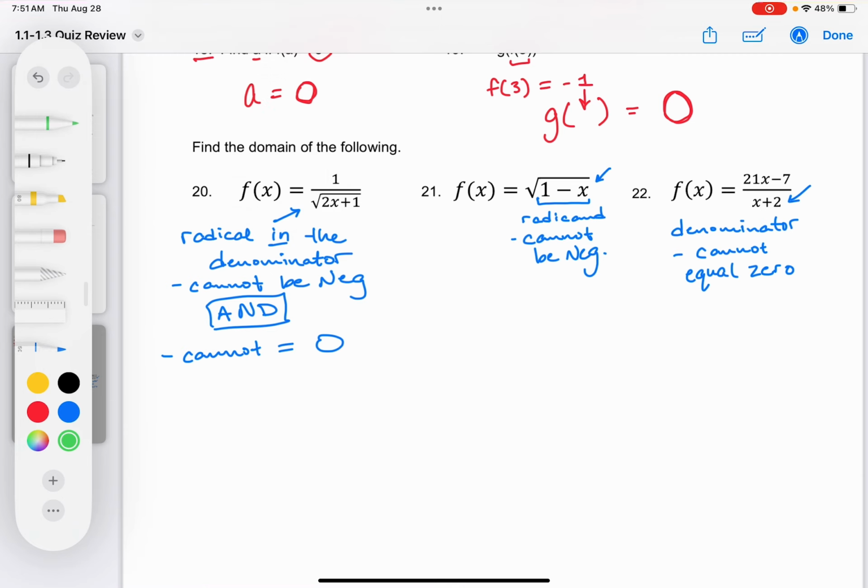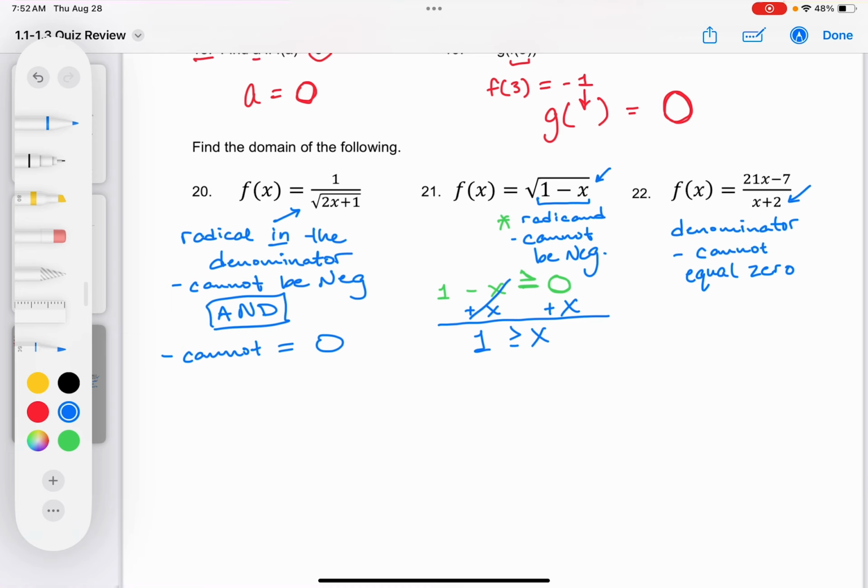So for 21, you want to actually write out what this says. You want to write out 1 minus x cannot be negative. So I need to write that it is greater than or equal to 0. And then you just solve this like any other inequality. In this case, I'd add x over to the other side, so I wasn't messing with any negative numbers. And I would have x is less than or equal to 1.